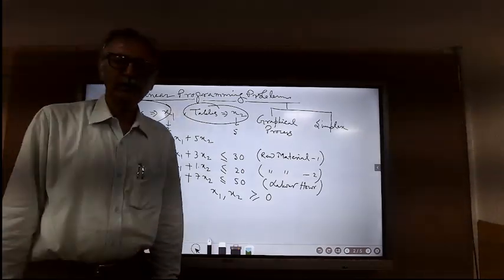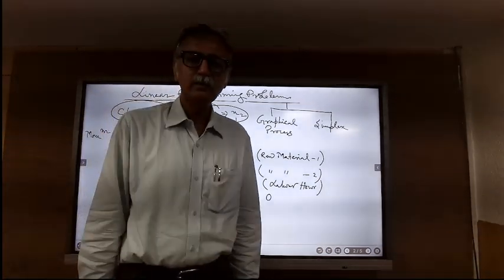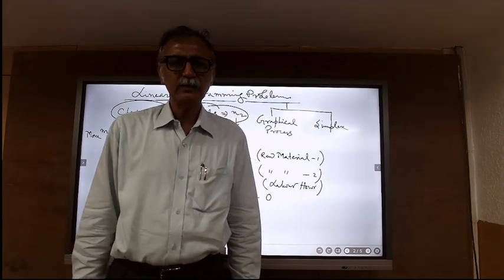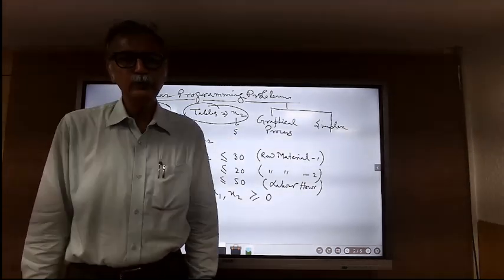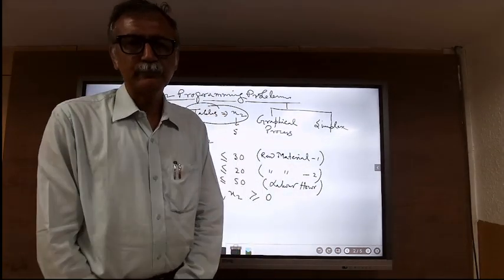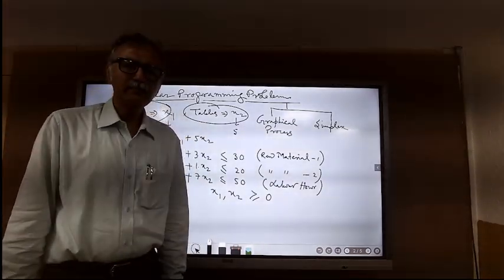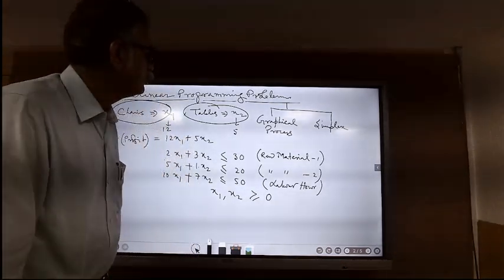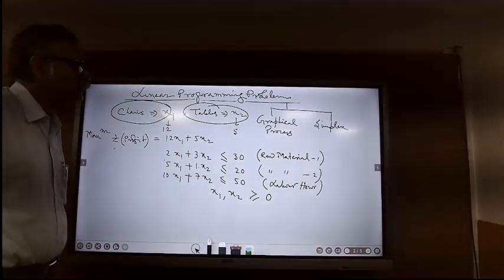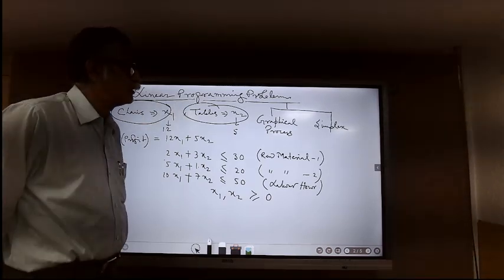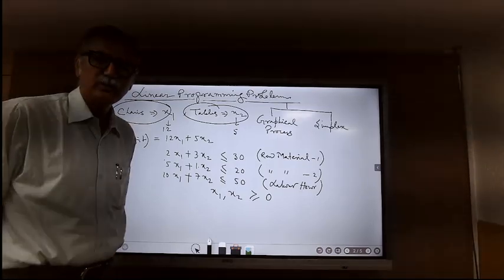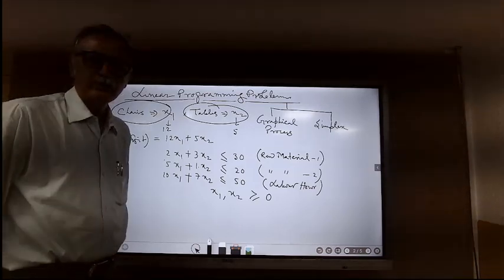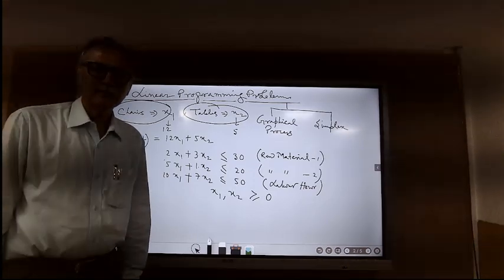That means if you get any problem, you can solve it through simplex, and if the problem is one of two variables, then you can solve it through the graphical process also. So that's why simplex is an improvement over the graphical solution. Now we have to discuss how this problem can be solved through the graphical process first, and then how it can be solved through the process of simplex.